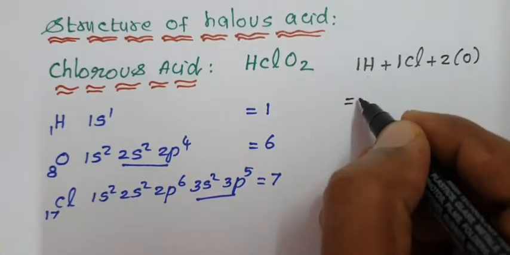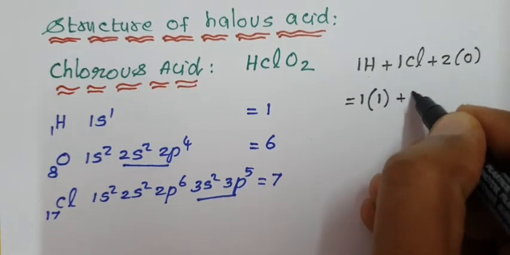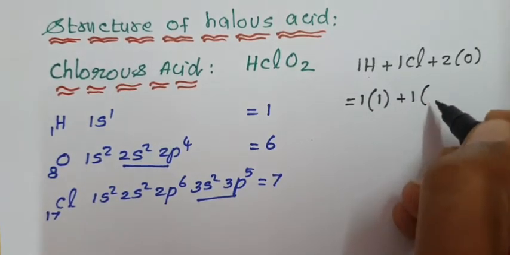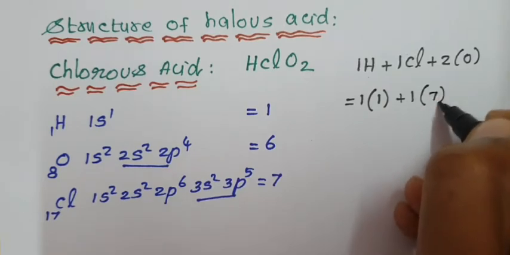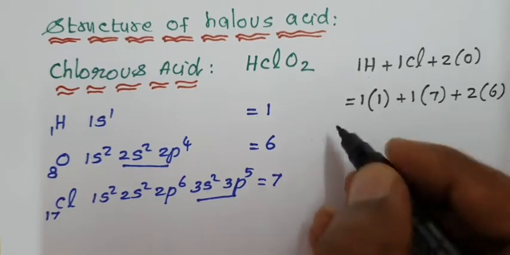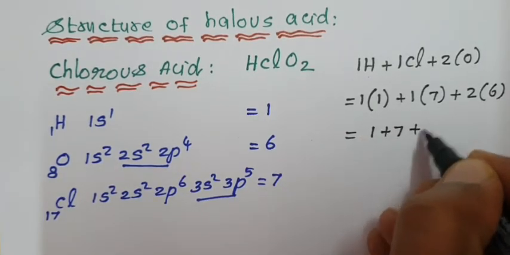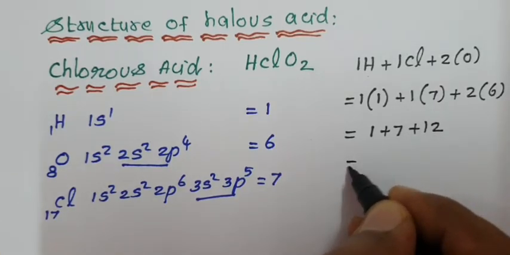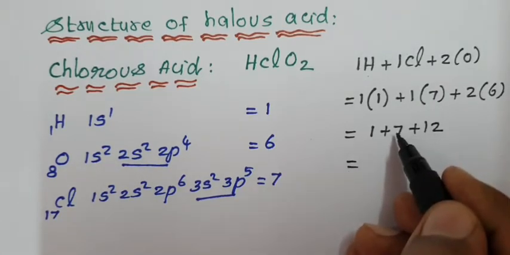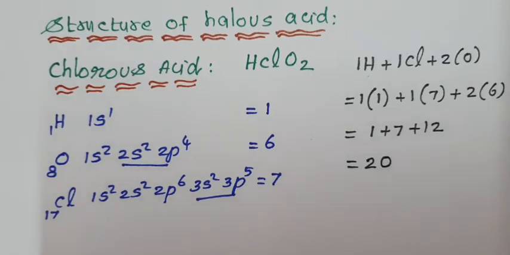So 1 times hydrogen valence electron 1, plus 1 times chlorine valence electron 7, plus 2 times oxygen valence electron 6, equals 1 plus 7 plus 12, equals 20. Total number of valence electrons in chlorous acid is 20.